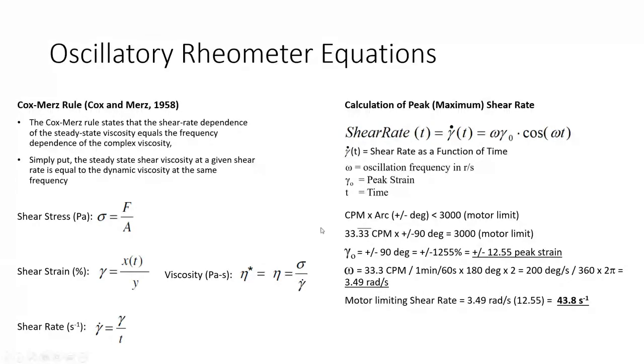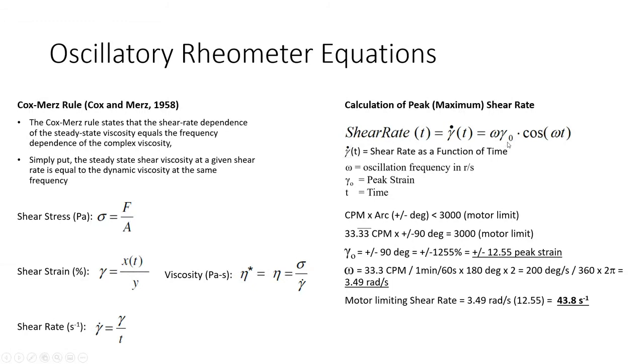Okay. So how do we calculate the shear rate? In an oscillatory rheometer, it's a function of time. At its maximal mark, the shear rate is different than as it's passing through the 0 point of arc, as things are passing back and forth in an oscillatory format. And what we find is the shear rate is time dependent by the oscillation frequency and the peak strain.